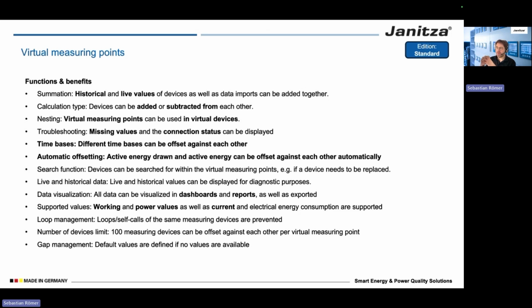As I've shown to you, it's very easy to configure something like this in a very short way and get the values summed up. And therefore, it's very easy to diagnose if there is an error and reuse these virtual metering points in different applications such as dashboards and reports.